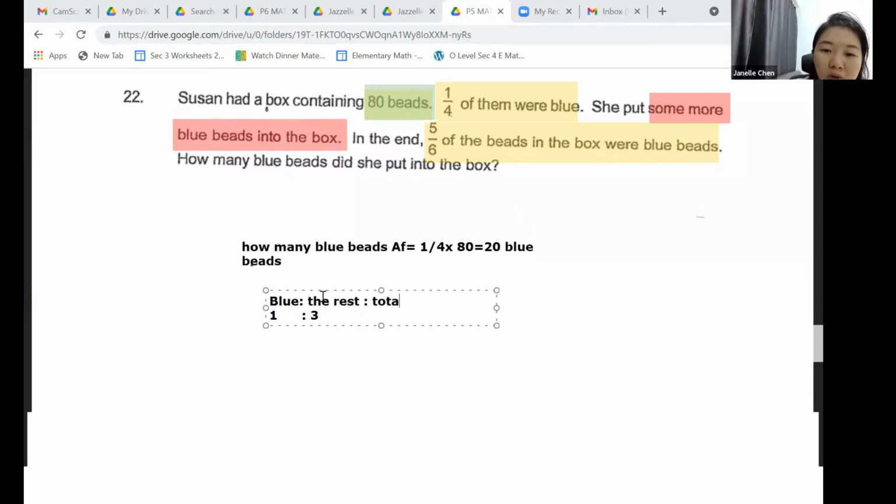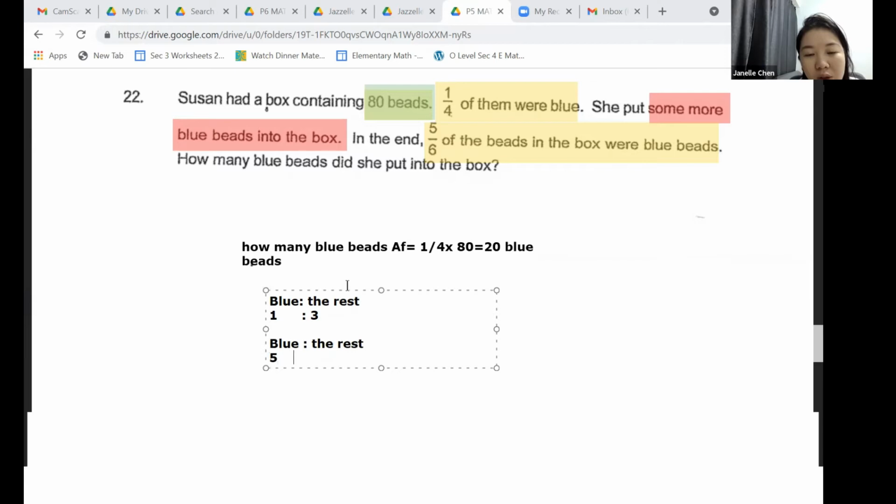I'm actually not finding the total, because as we go on later we will be able to see why. For the next part, they also give us blue is to the rest. What I can have here is that the blue now becomes 5 units and the rest now becomes 1 unit.